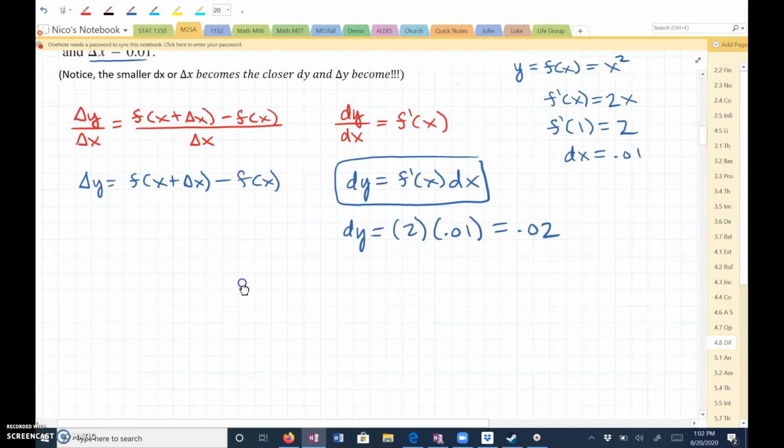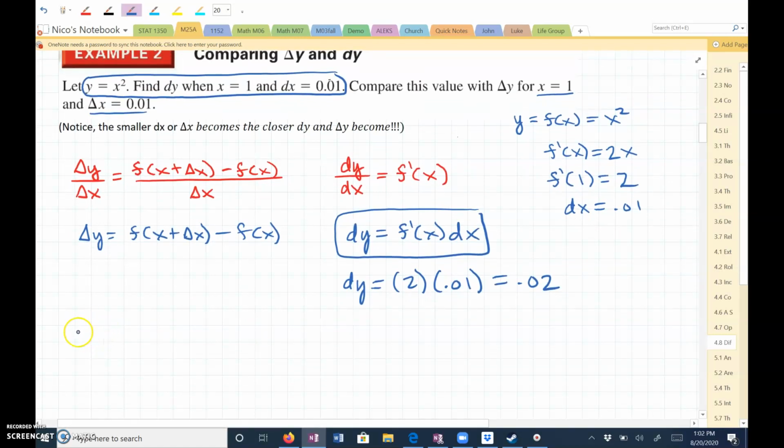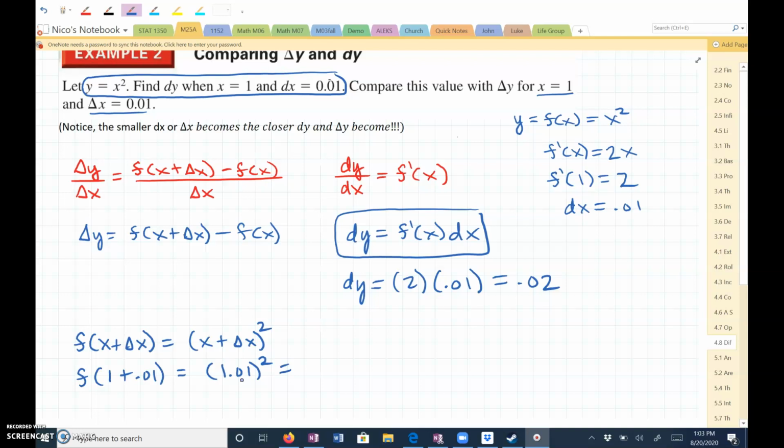So now f of x plus delta x would be equal to x plus delta x squared, where for this particular problem x is 1, delta x is 0.01, so this would be 1.01 squared, which would be 1.0201.